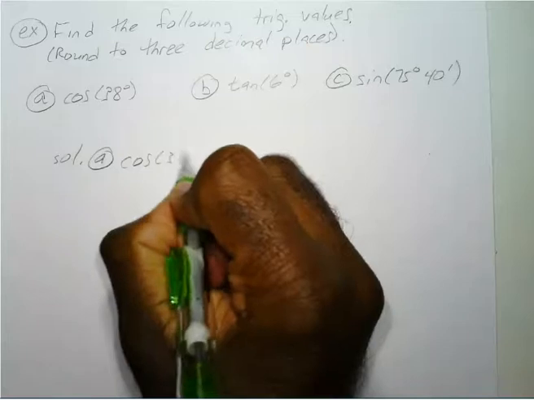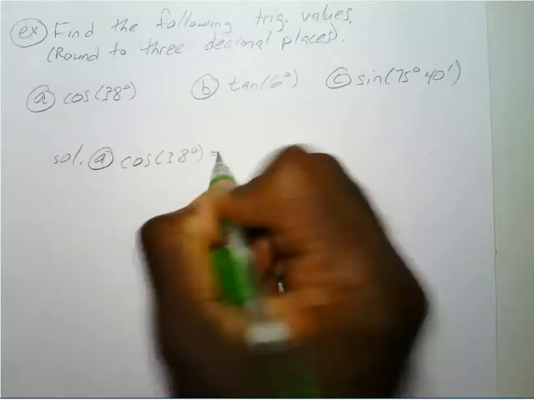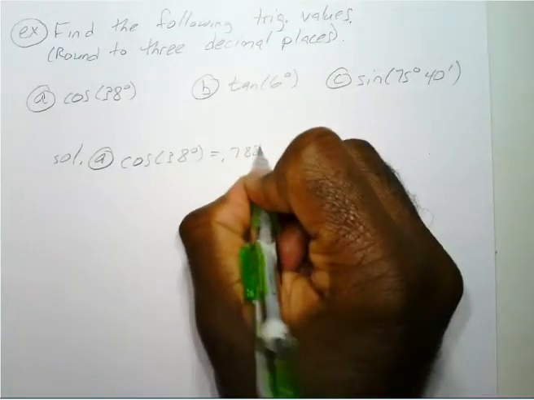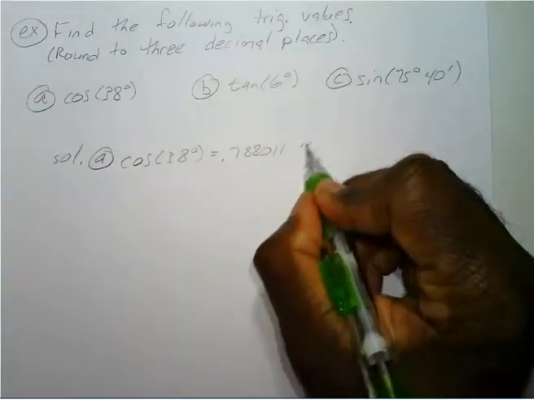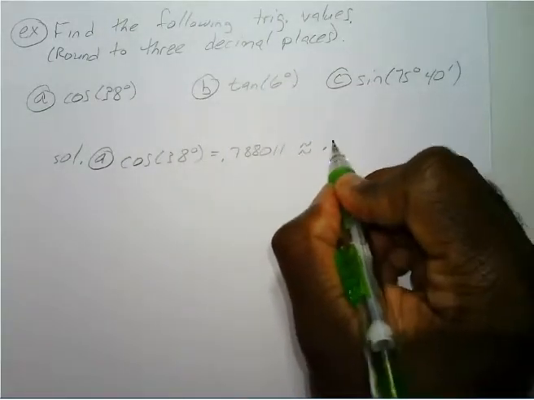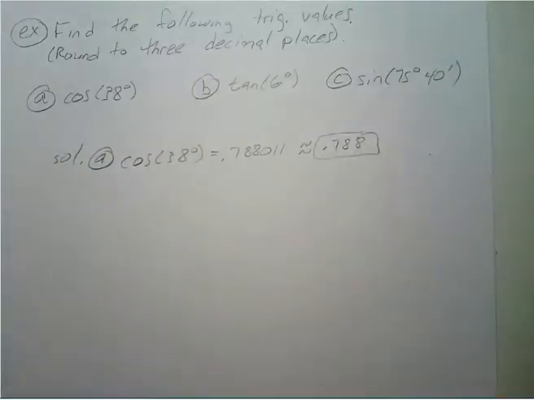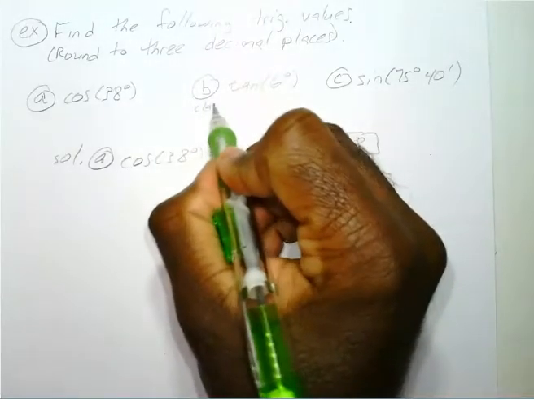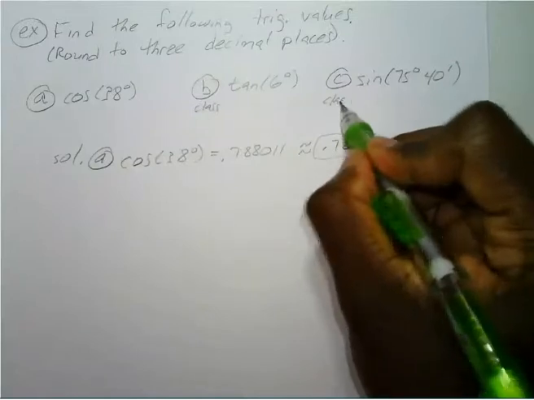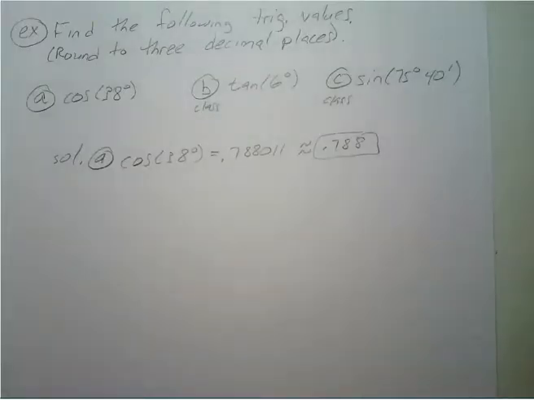Cosine of 38 degrees equals 0.788011, which is approximately 0.788 when we round it to 3 decimal places. All right, so what I want you to do is make sure your calculator is set to degrees and it's not on radians. I want you to try B and C. So go ahead and press pause and try those 2 on your own.